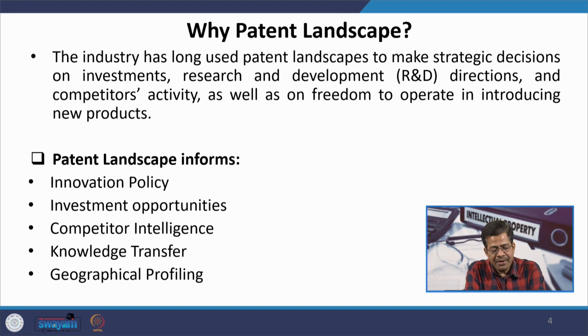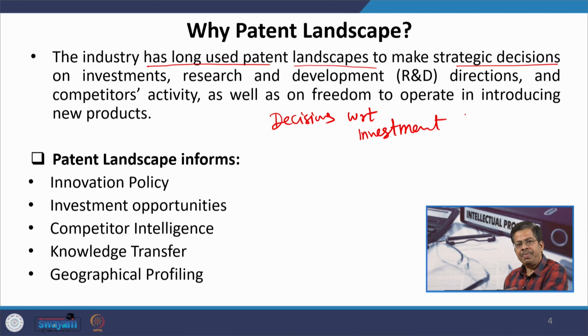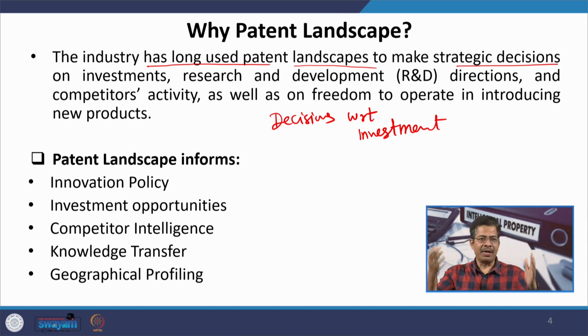Now, why should we do patent landscape? As an organization, as an individual, why should I do it? Companies and organizations use patent landscaping to make strategic decisions. One is with respect to investment. Say I am a startup, you are an investor and a big company.